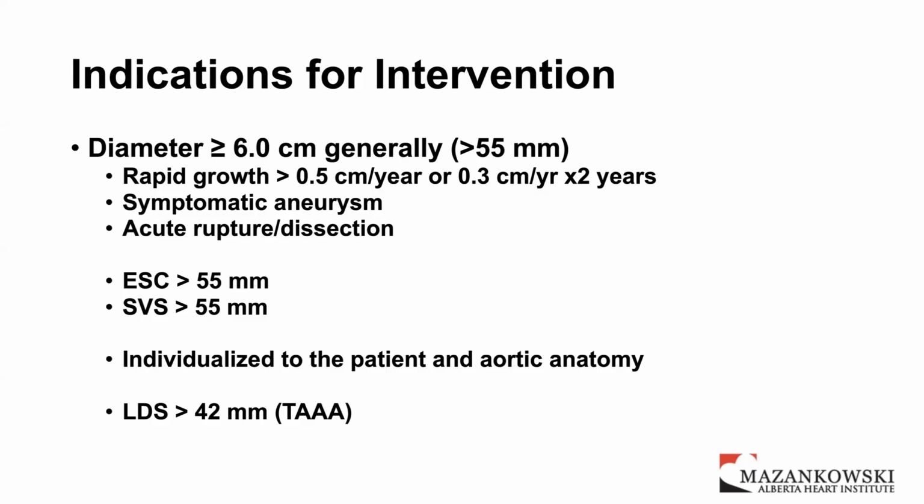The guidelines are different between North America, the old 2014 guidelines, and the new ESC guidelines, but I think the most important thing is individualizing our decisions for indications to the patient and their aortic anatomy, and having a conversation at multidisciplinary rounds.